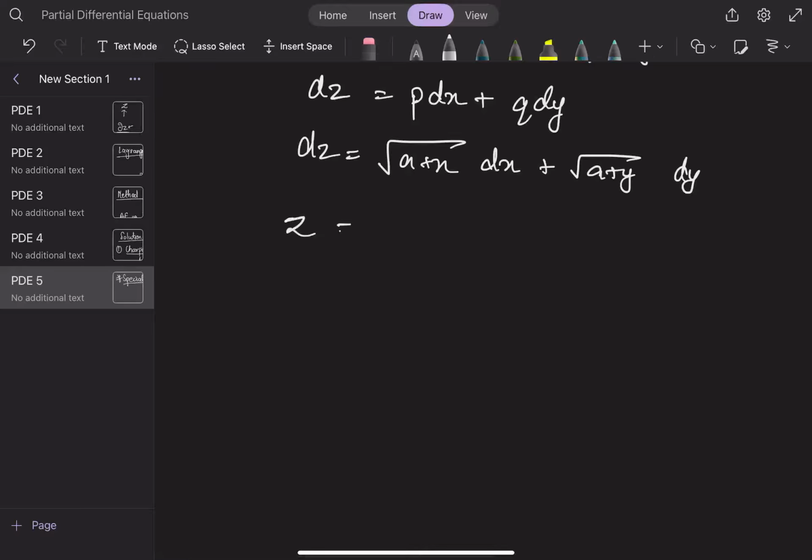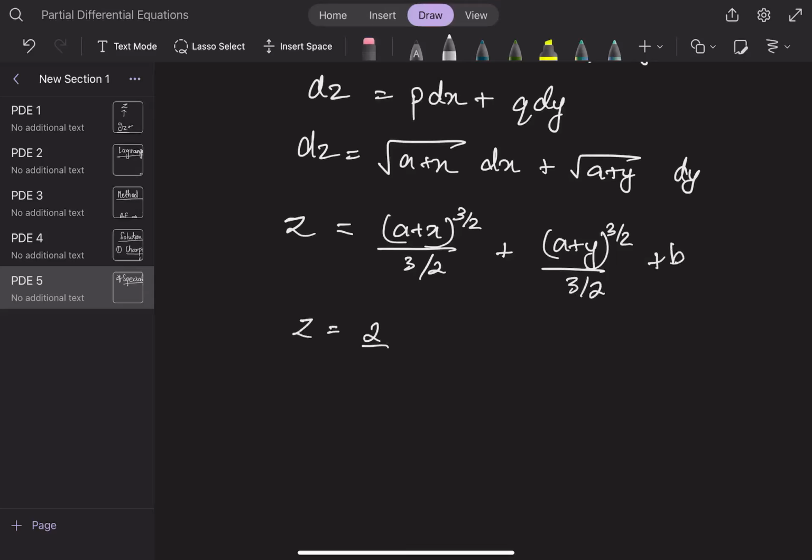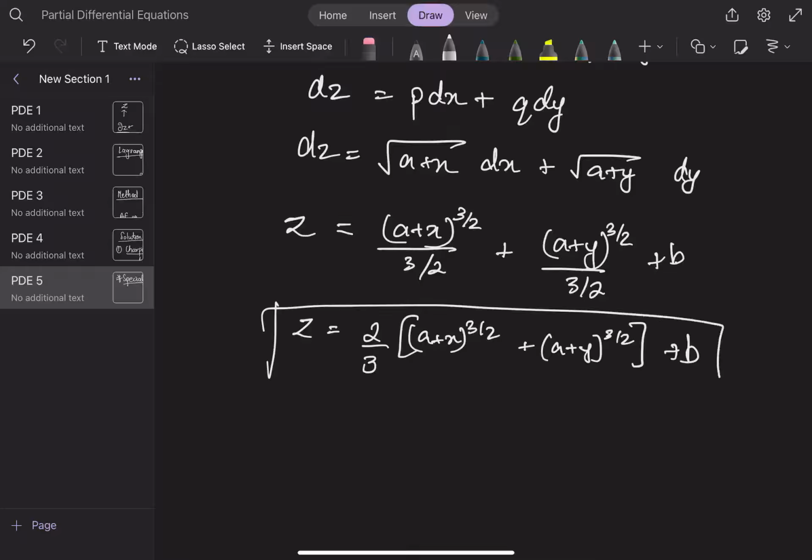You get z is equal to (a plus x) raised to 3 by 2 divided by 3 by 2 plus (a plus y) raised to 3 by 2 divided by 3 by 2 plus b. So this becomes 2 by 3 times (a plus x) raised to 3 by 2 plus (a plus y) raised to 3 by 2 plus b. This is the final answer.